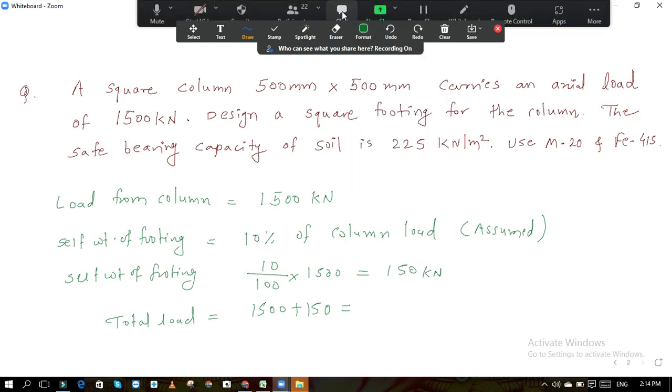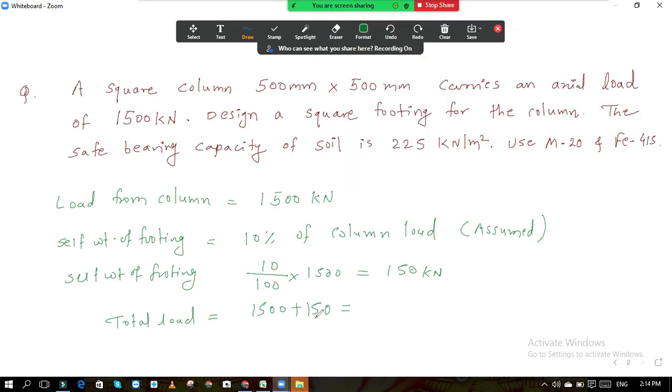Do just addition. 1500 plus 150, how much is it? 1650 kilonewton. Okay, now we got the total load.